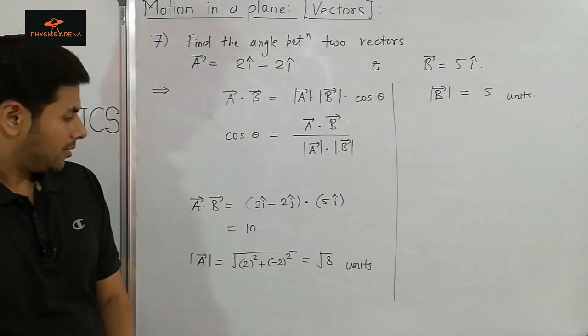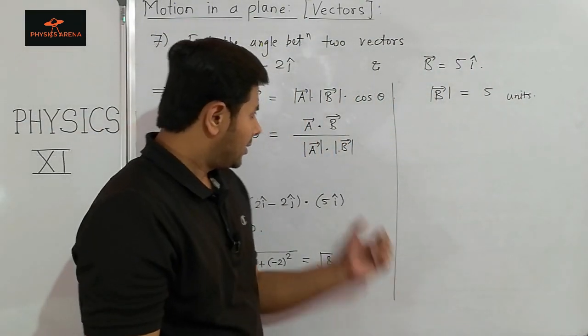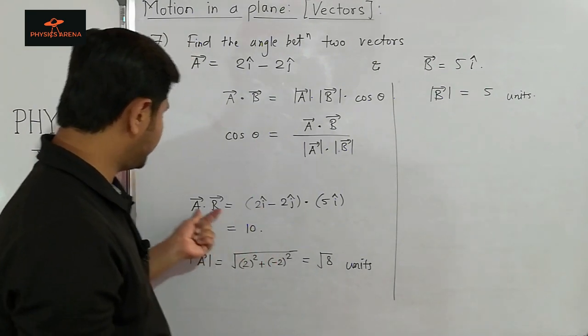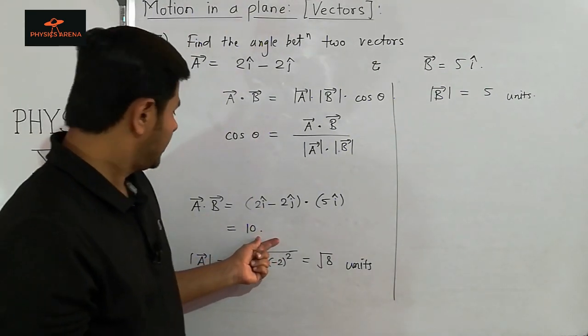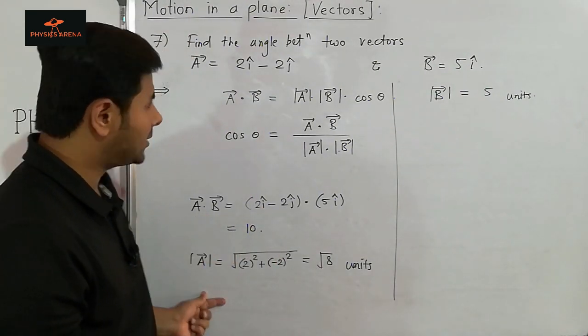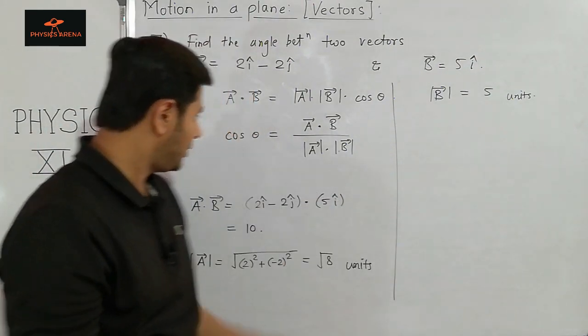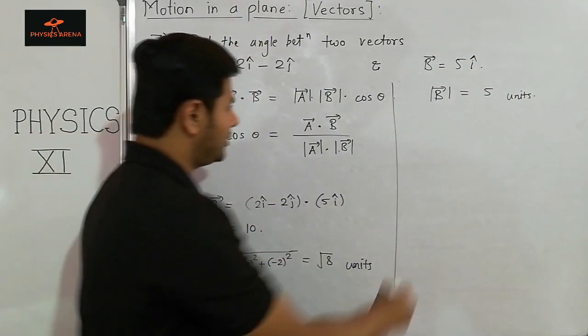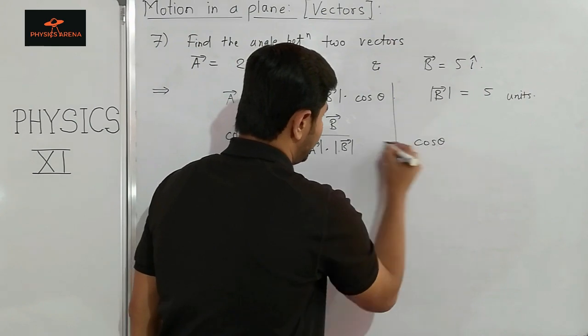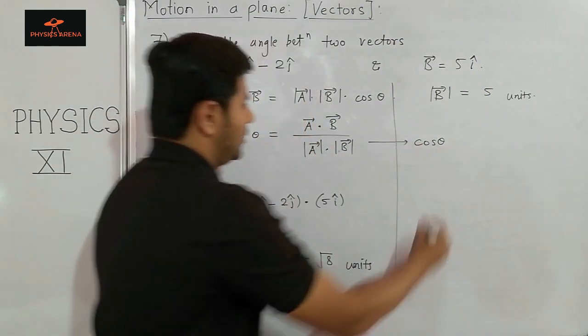Now let's substitute A bar dot B bar, magnitude of A and magnitude of B, in this equation. So we have cosine of theta equals this.